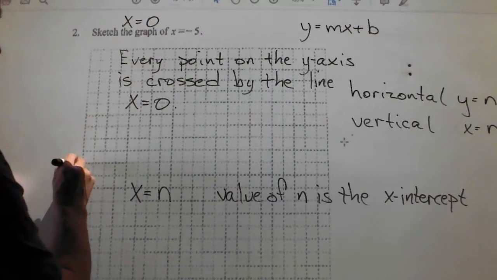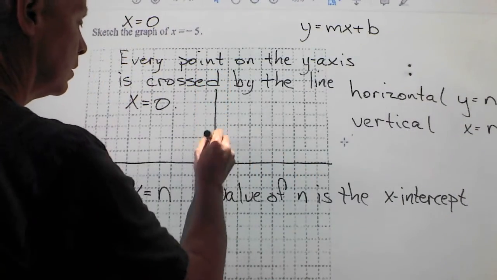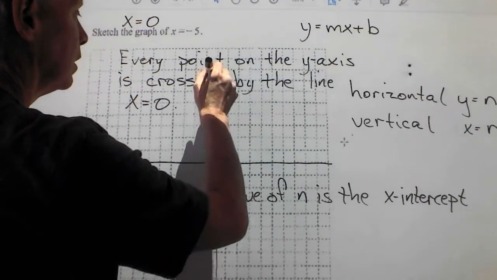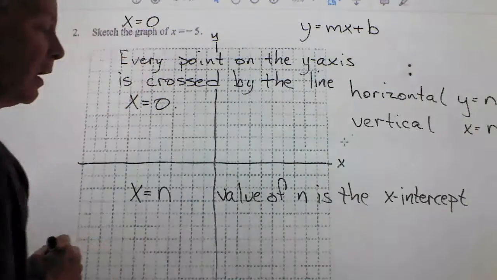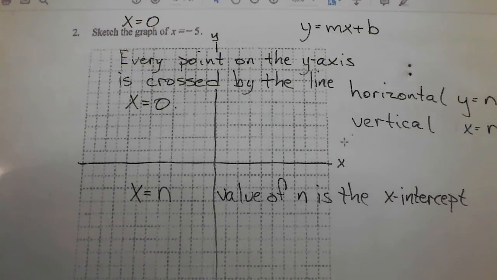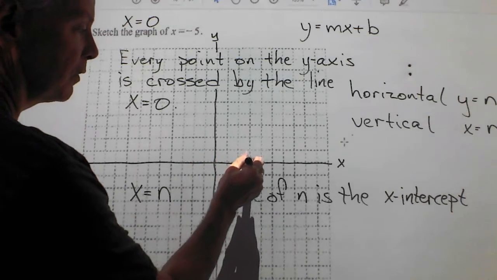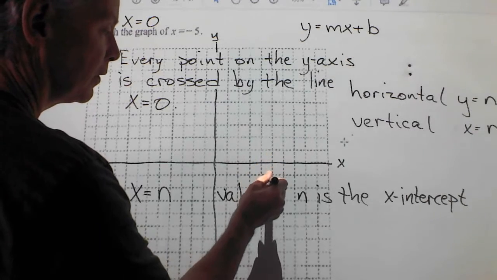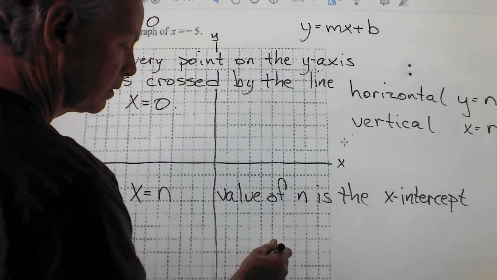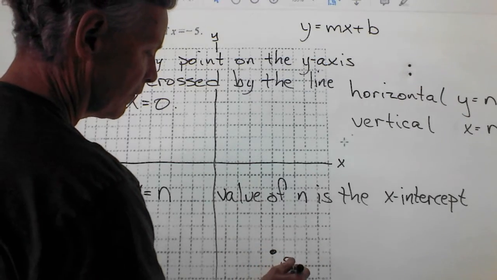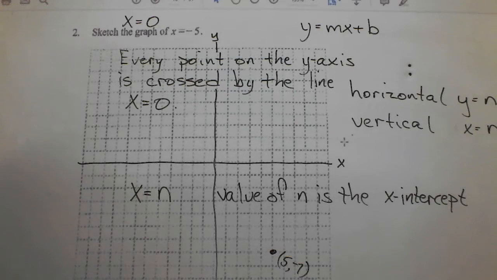So, our y-axis, our x-axis, and it says it passes through the point 5 and negative 7. Well, where is that? That's 1, 2, 3, 4, 5. 1, 2, 3, 4, 5, 6, 7. Here we are at 5 and negative 7.